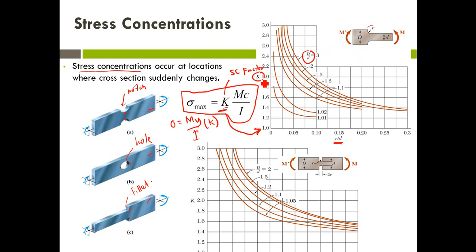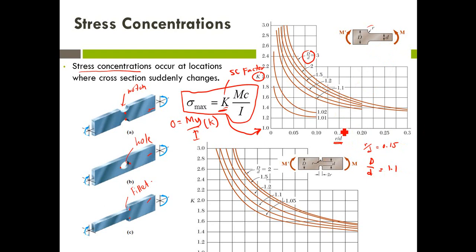For example, for this case r over d is equal to 0.15, and D over d is equal to, for example, 1.1.